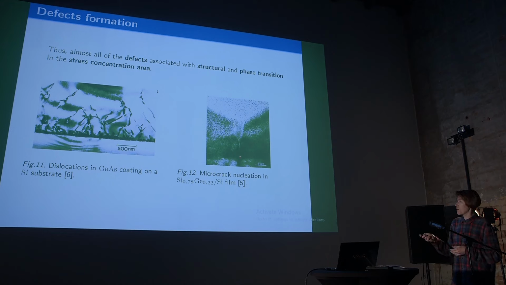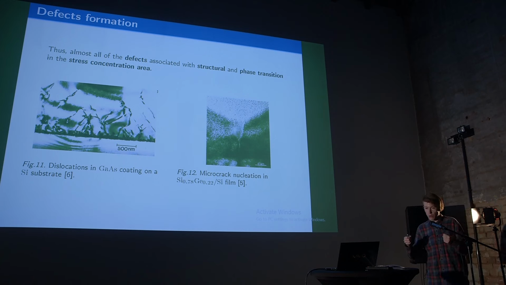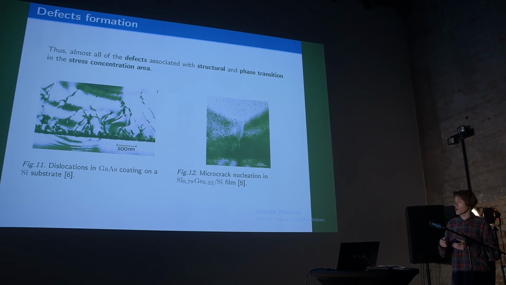So another defect is microcracks. They can be nucleated on the free surface of the film, and when we, for example, load our structure or our device, it could be totally cracked due to such kinds of defects.